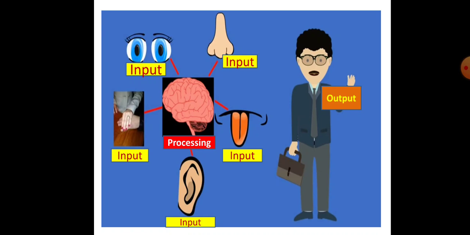Our brain works on that information and thinks what has to be done, and then it tells the output unit of our body the work which has to be done. So output units are our mouth, we speak through our mouth, our hands, and our legs. So our body also works in 3 steps: input, processing, and output.